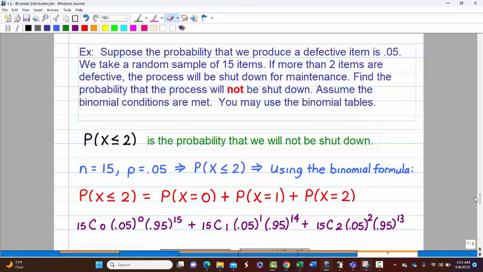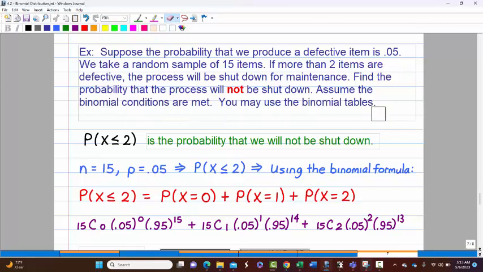If more than 2 means shut down, that means 3 or more, 3 all the way to 15. So not being shut down would be 2 or less. So if they come in and find only 2, 1, or 0 defective, we're in good shape. We passed the test. And here it just says assume the conditions for binomial are met.